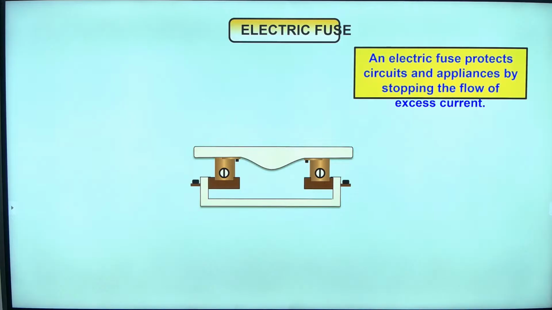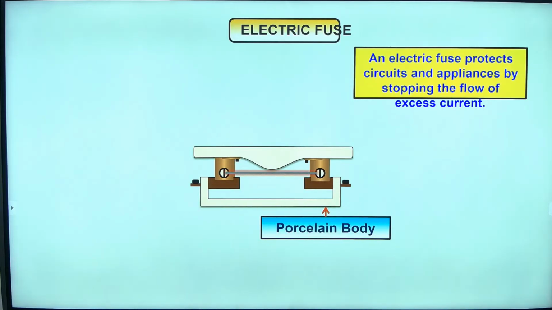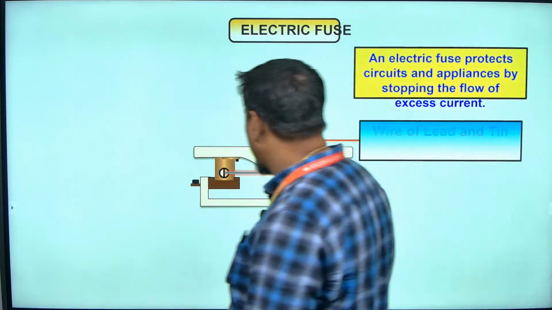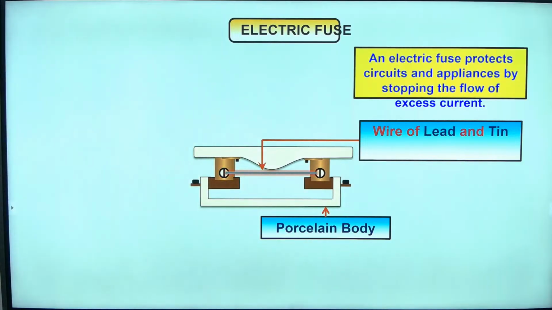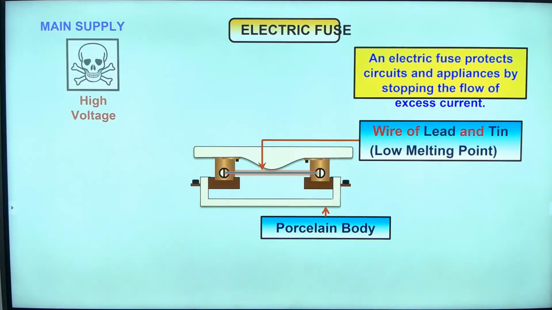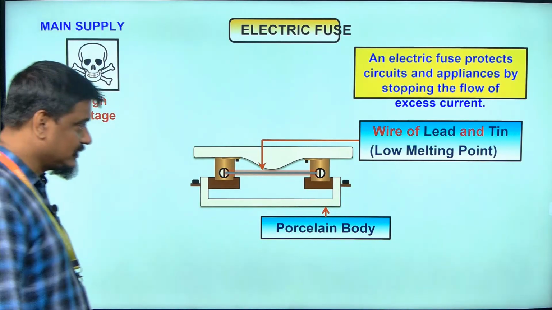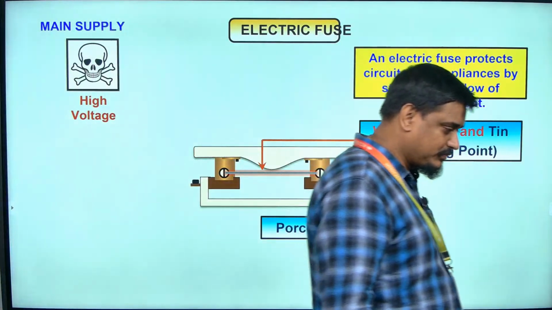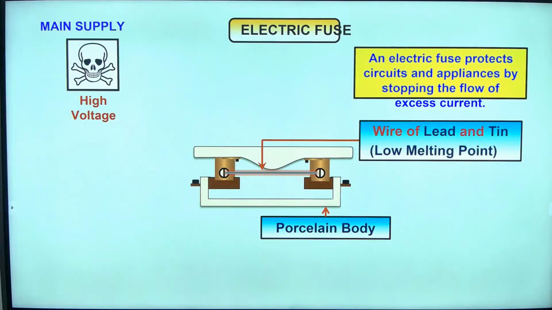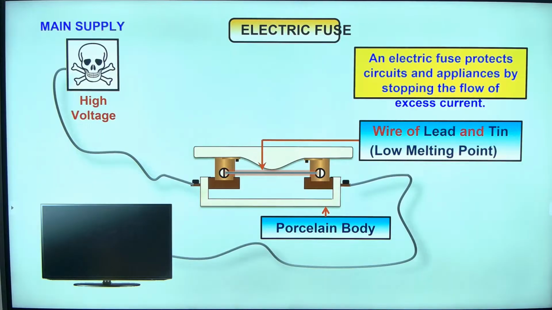And then this is how it is made. There is a porcelain body and we have a wire. Now, the wire is of lead or tin, which has a very low melting point and a high resistance. Remember that. We use a low melting point and high resistance wire as a fuse.